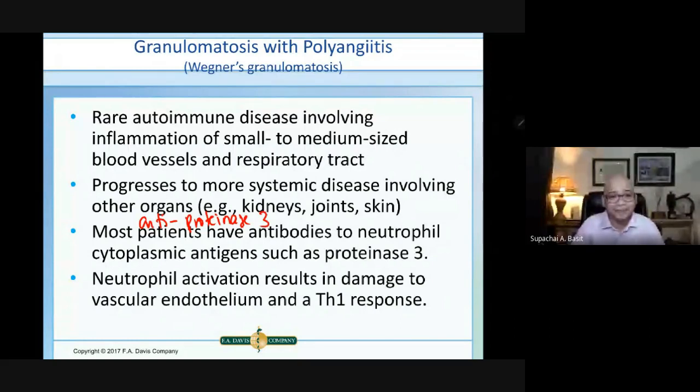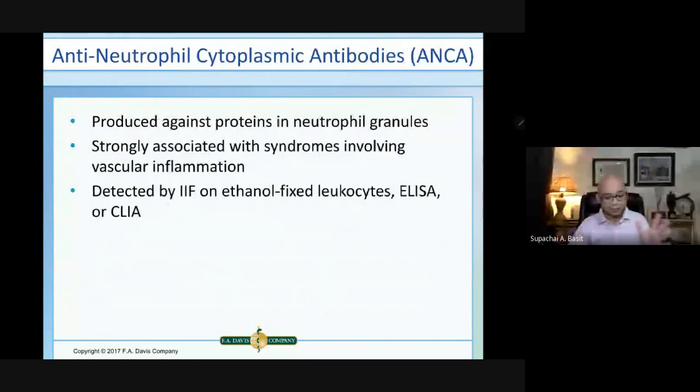So how do we detect ANCA? We detect ANCA by using indirect immunofluorescence assay, usually on ethanol fixed leukocytes, ELISA, or CLIA, or chemiluminescence assay. So in ANCA, sorry, I wasn't able to move my slides a while ago. In ANCA, it is detected by indirect immunofluorescence assay.